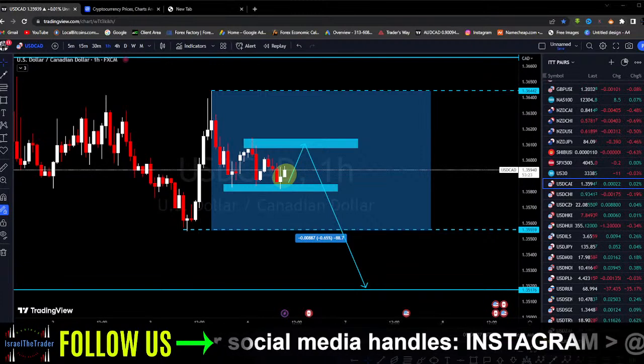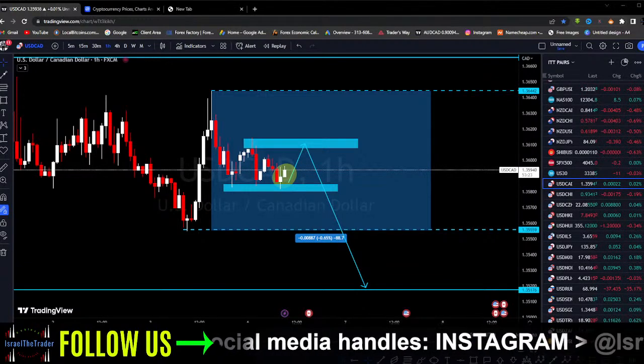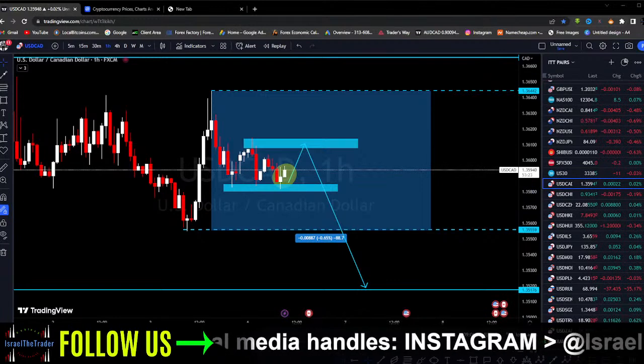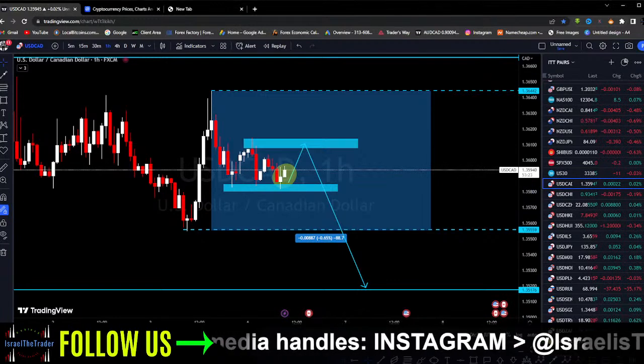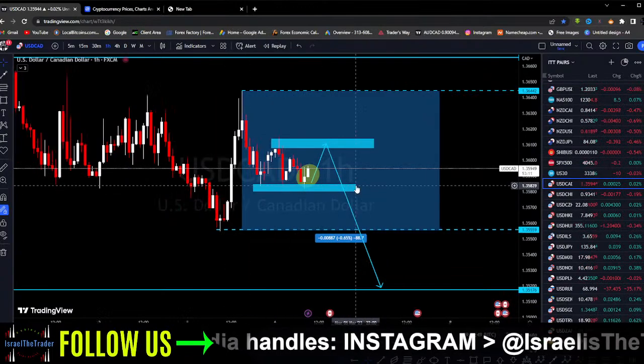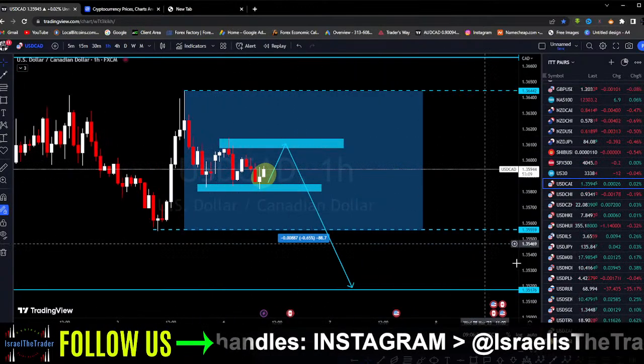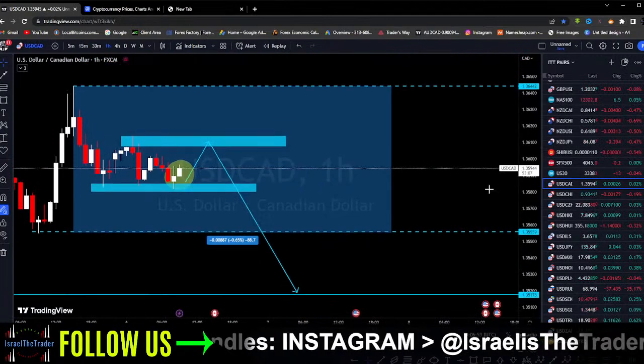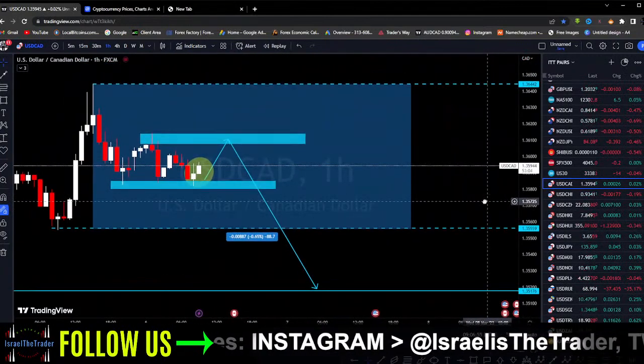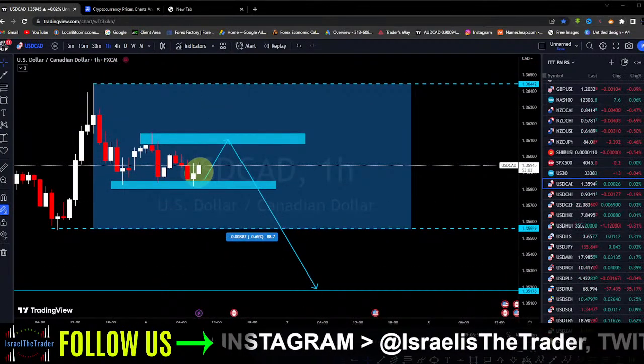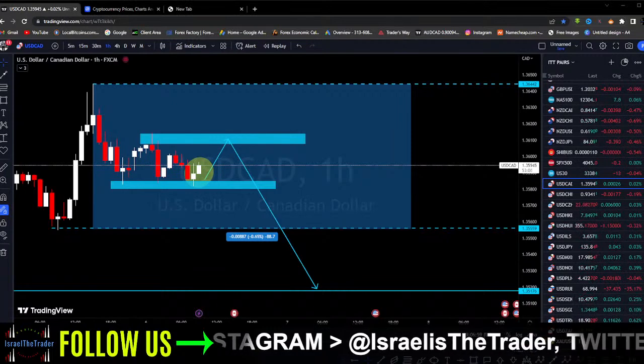So we don't just have to rush the market whenever we see that particular candlestick pattern. Let's try as much as we can to wait and see what exactly is going to happen. It is very, very important.